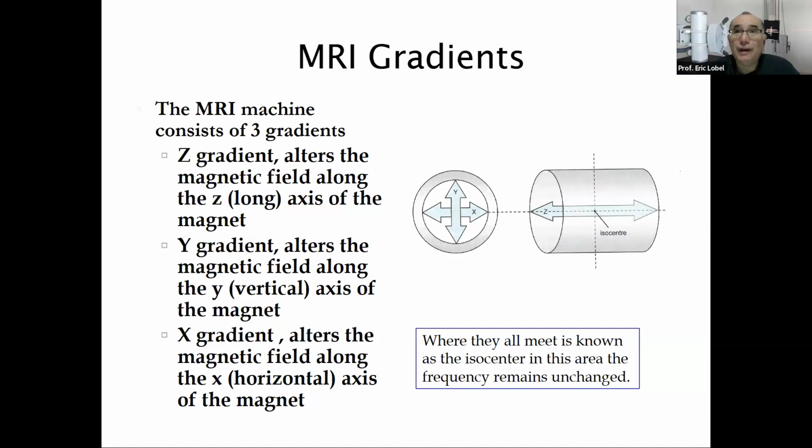We call that the rise time. How long it can stay on is known as the duty cycle. And the slew rate is a way to encapsulate some of that information so you don't have to look at several different variables to decide which set of gradients you're going to purchase.